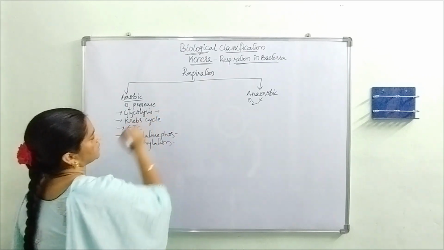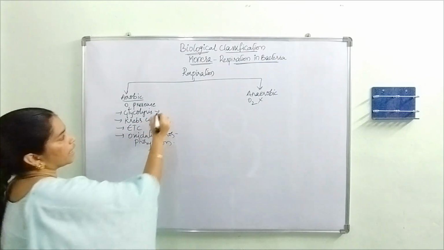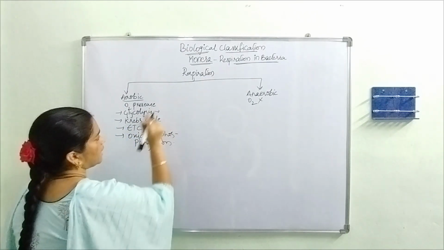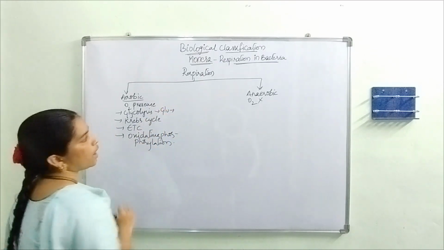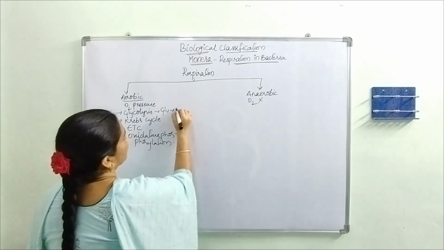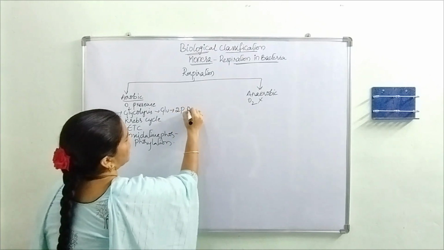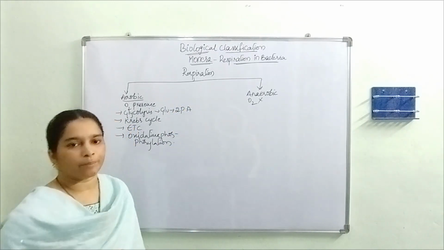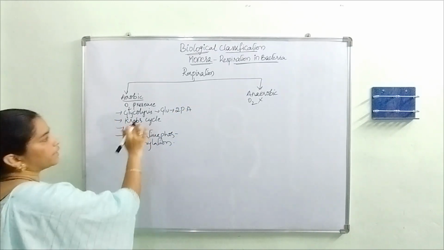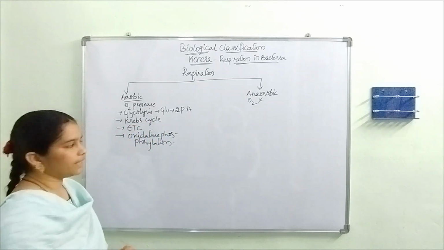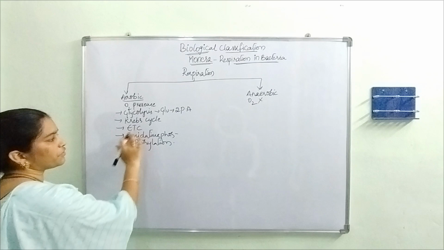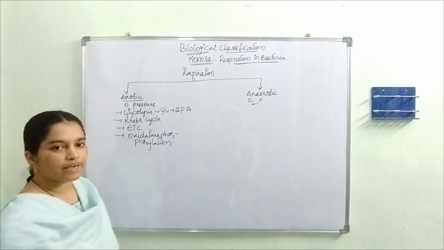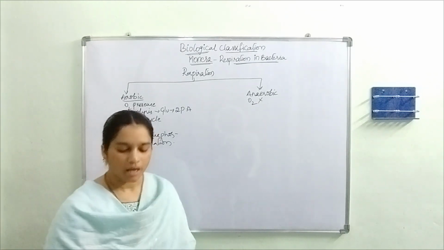What is glycolysis and Krebs cycle? Glycolysis is a process in which glucose is broken down to two pyruvic acid molecules which are 3 carbon compounds, and Krebs cycle, which is a citric acid cycle, yields ATP, and electron transport chain and oxidative phosphorylation yield a lot of ATP.